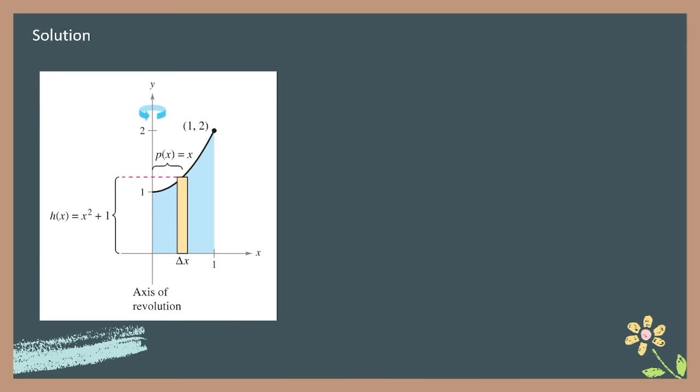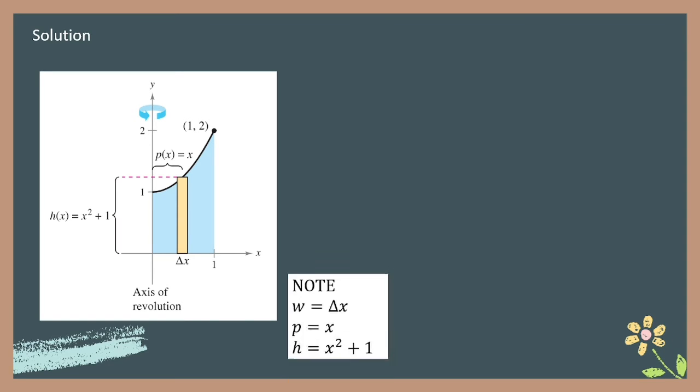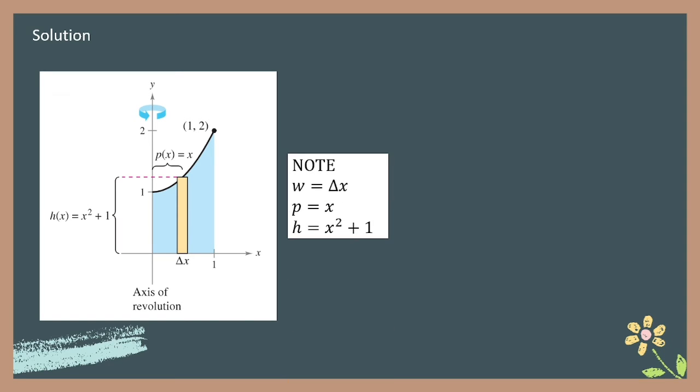So our solid here is revolved around the y-axis, meaning we have it with respect to x. All the measurement lies in our x-axis. So we have our width or thickness, delta x, or dx.